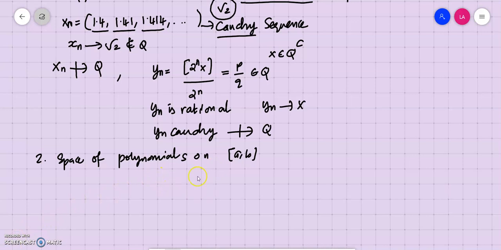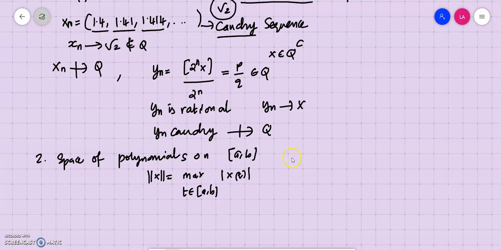We already discussed that the space is not complete. If you define here norm of x as the maximum over t in the closed interval [a, b] of the modulus of x(t), then you can clearly understand that this space is not complete.